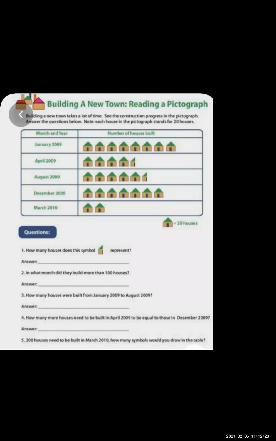I am going to show you. Look here. This is the scale. Every time they are not writing the scale, but you want to assume it. After the given data, after the given information, you want to check whether the scale is given or not.